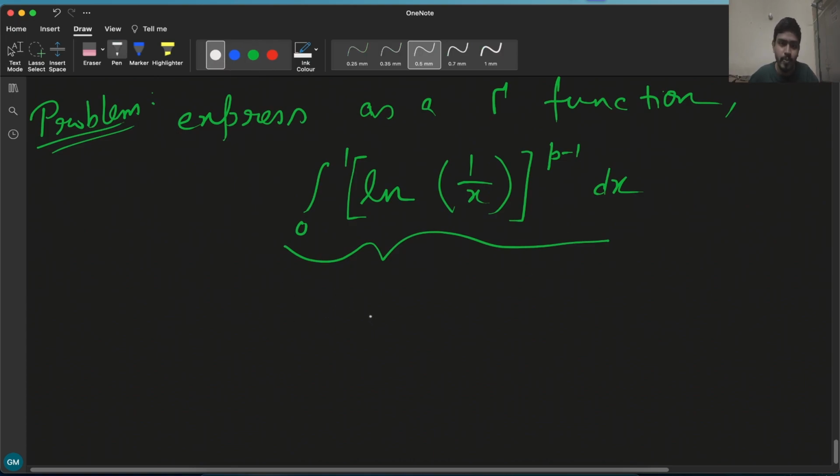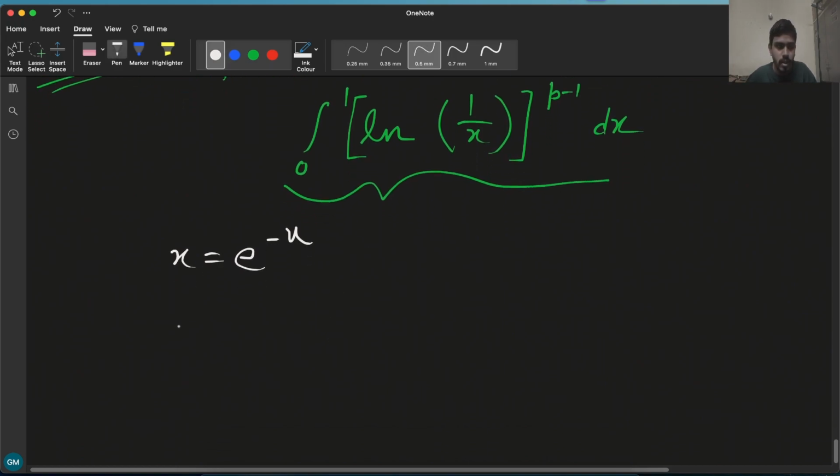What we will do is, I will take x equals e to the power minus u. It's because I have ln of 1 by x. In that case, 1 by x is e to the power u, and ln 1 by x is u.